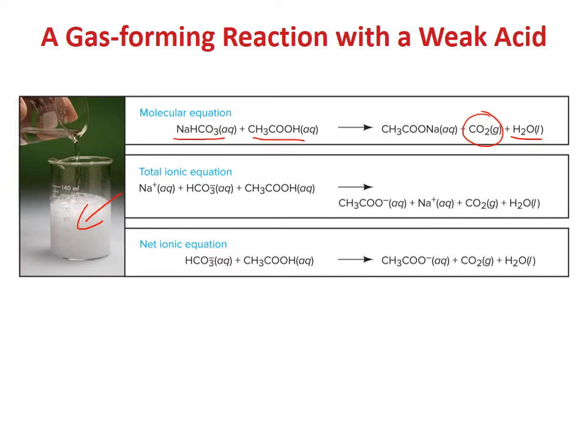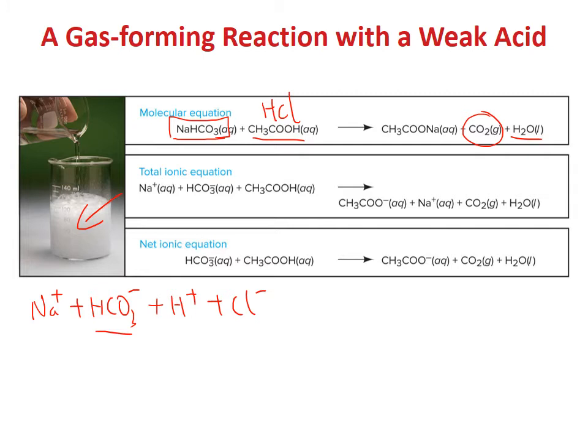Before we explain this reaction, let's start with sodium bicarbonate reacting with a stronger acid, hydrochloric acid. In solution, sodium bicarbonate is a strong electrolyte, so it dissociates into sodium ion and the bicarbonate anion. And hydrochloric acid dissociates into hydrogen ion and chloride ion.